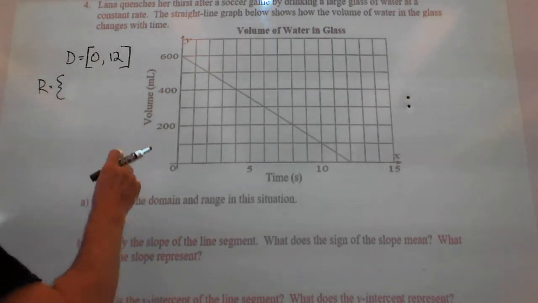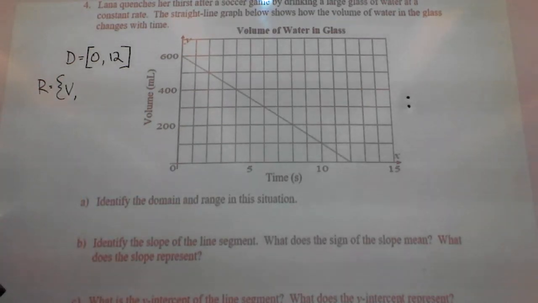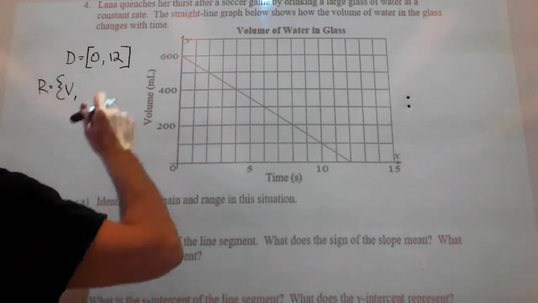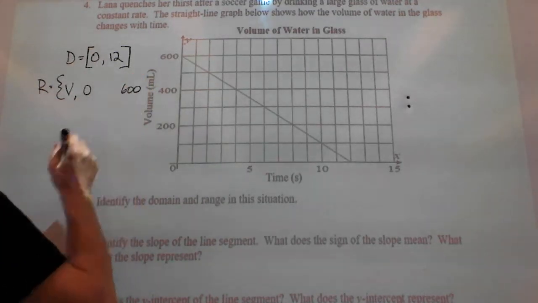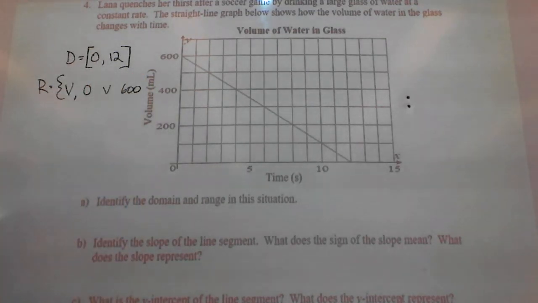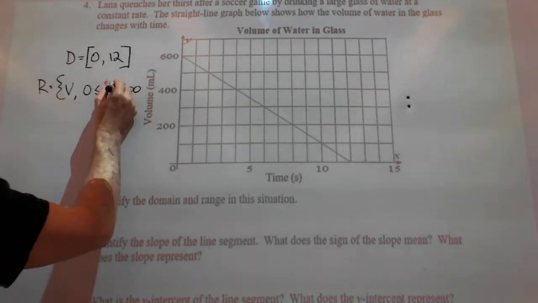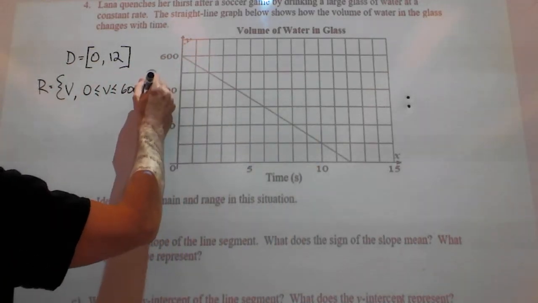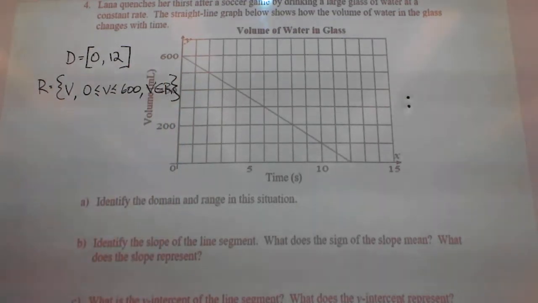So it's not y, it's actually v, such that we have values for volume that go from 0 milliliters to 600 milliliters. So our smallest is 0, our largest is 600. Our values for volume are between those two numbers, greater than or equal to 0, less than or equal to 600. Since it's a solid line, we can say v is an element of the set of real numbers. Okay, so there's our domain, there's our range.